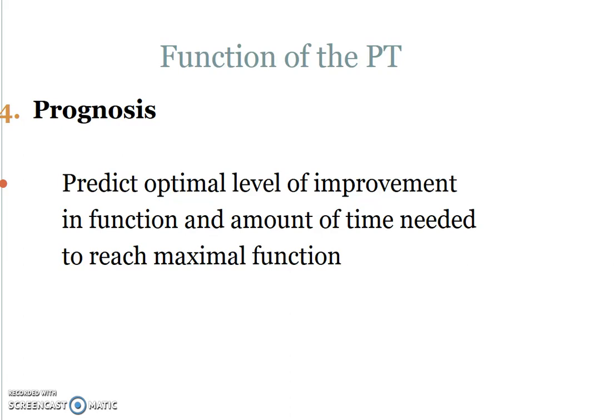So the PT will make an estimate on how long this patient may be in PT, how many treatments it may take, and what their expected outcome would be. Would it be complete independence in the community? Would it be increased strength to a certain level? Would it be improved functional mobility to allow a patient to live at home alone? It could be a lot of different things.